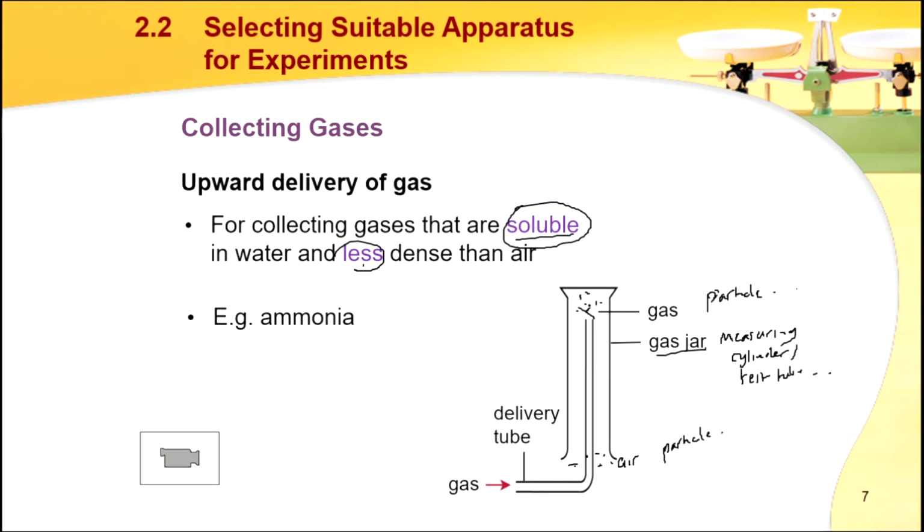We can conclude that the gas particles are less dense than the air particles. That's why we can use the upward delivery of gas, because the position of the gas particles is at the top and the position of the air particles is at the bottom.